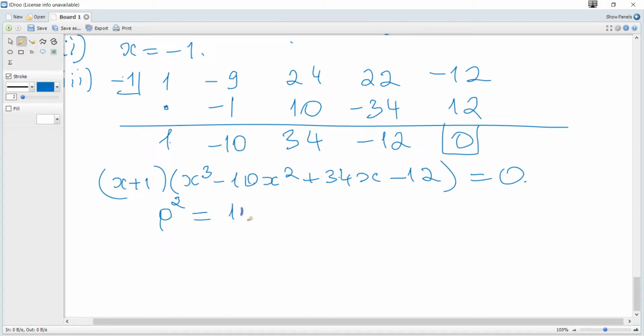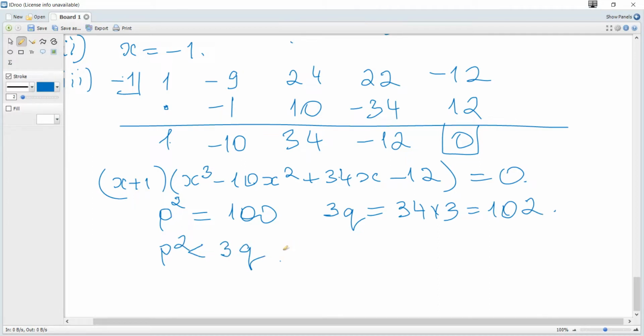P squared is 100, 3q is 34 times 3, which is 102, and we can see that p squared is less than 3q, and using the result from the first part, there is at least one complex root.